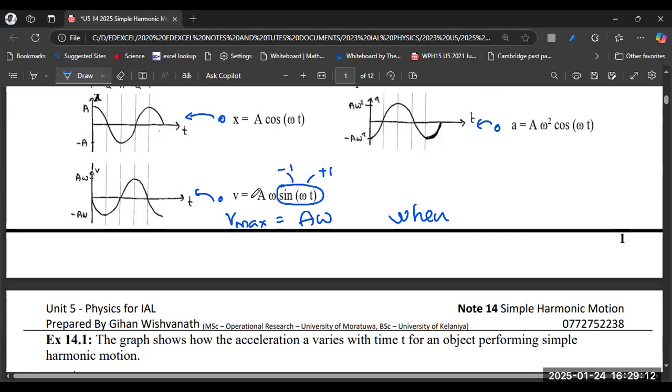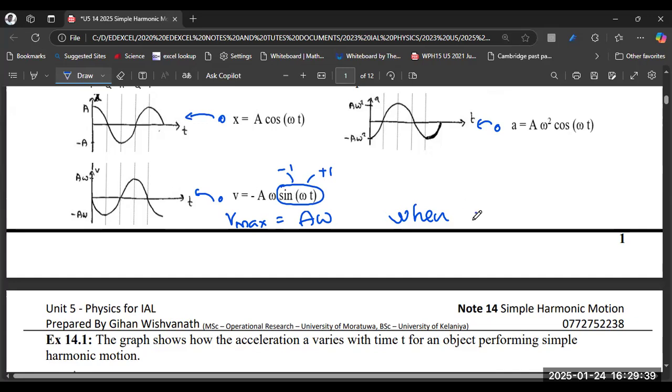This negative sign indicates the direction of the velocity, but when we are doing the calculations, we don't require the negative sign.